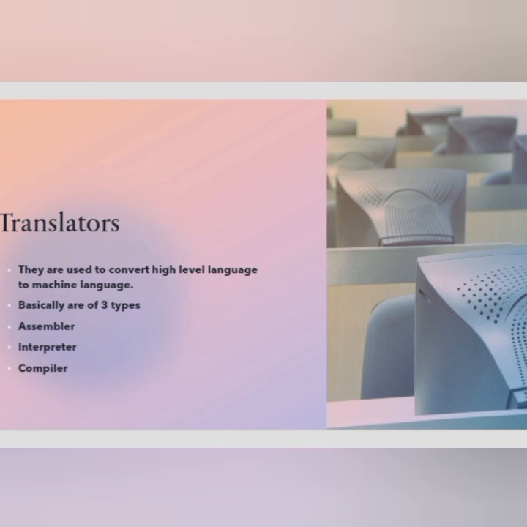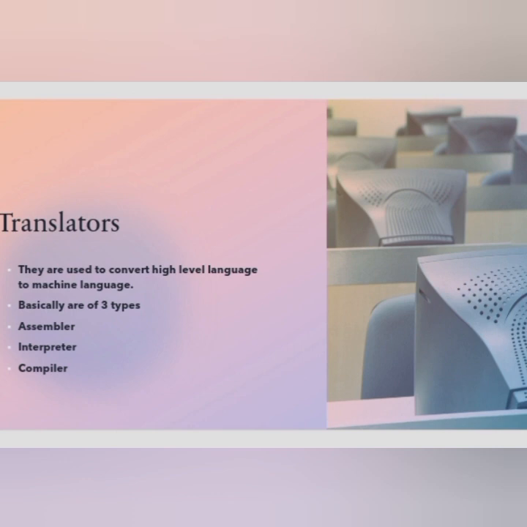So basically we see that there are three translators: assembler, interpreter, and compiler. And now I think you must have understood why we need translators: to convert our English like instructions into machine language for the computer to understand.